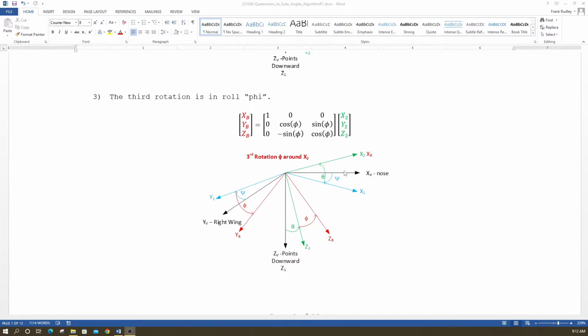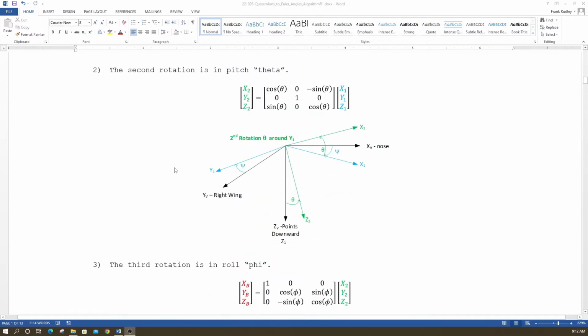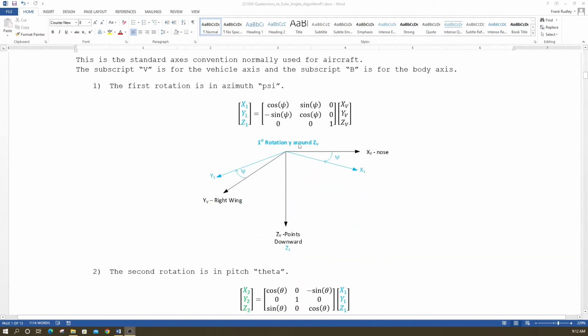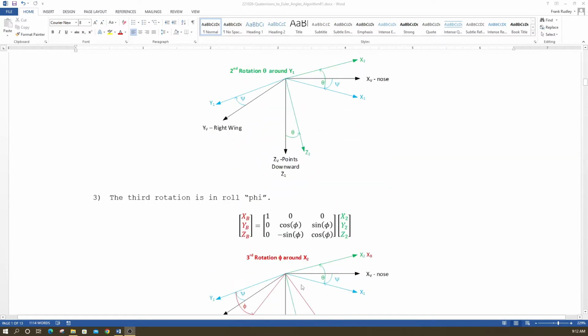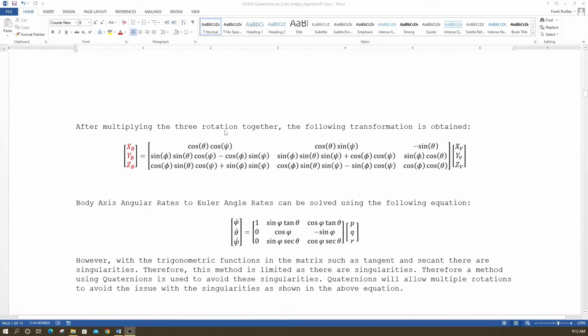The first rotation is azimuth, which is represented by psi. The second rotation is theta, which is represented by pitch. And the third rotation is phi, the roll attitude, say, bank angle. So if we multiply these three matrices together in order, like you have this matrix first, this matrix second, and this matrix third, after multiplying the three rotations together, the following transformation is obtained.